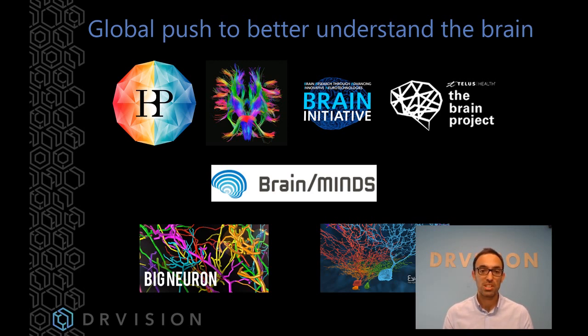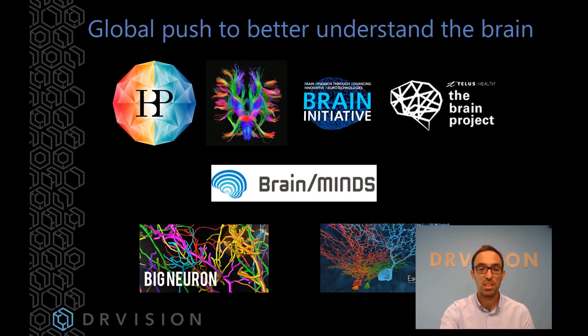Each of these projects listed on the top here are very large, multi-million dollar projects, and the ones on the bottom are active, interesting projects that I'll talk a little bit about in a moment. So these on the top all aim to map the brain in some way.